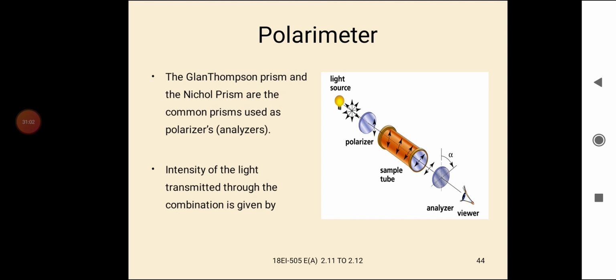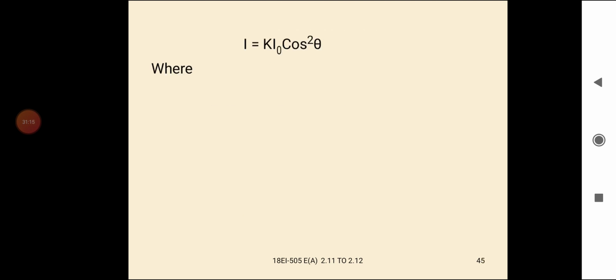Intensity of light transmitted through the combination is given by I equals K I naught cos square theta, where I is the emerging intensity from the analyzer.